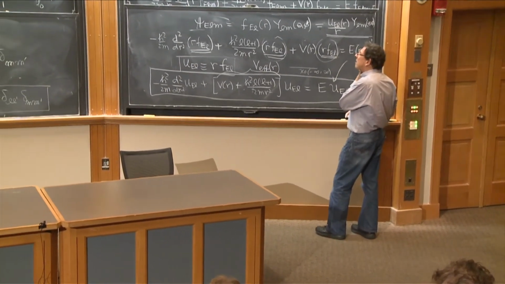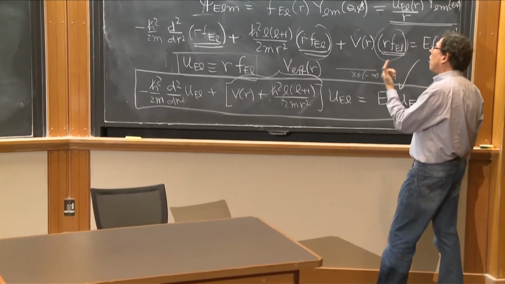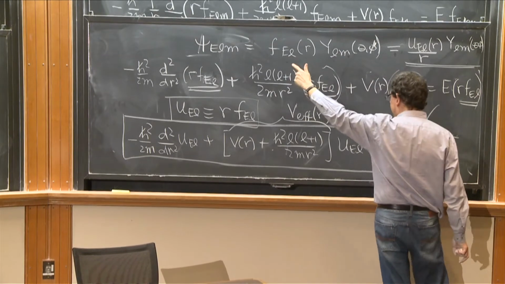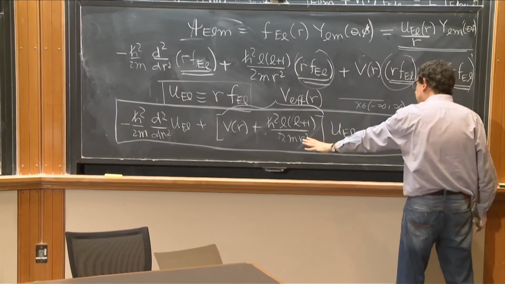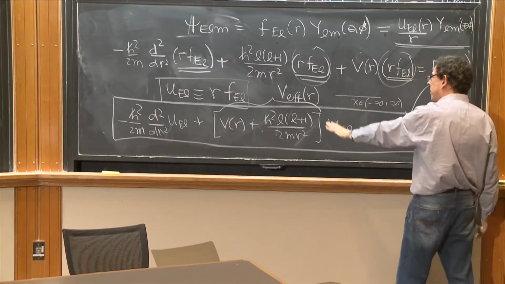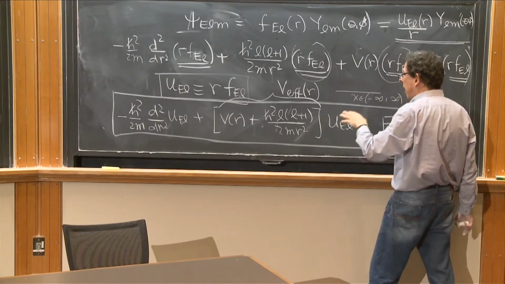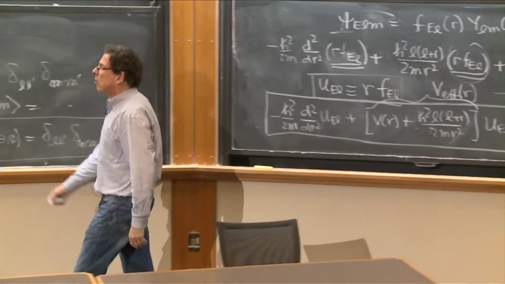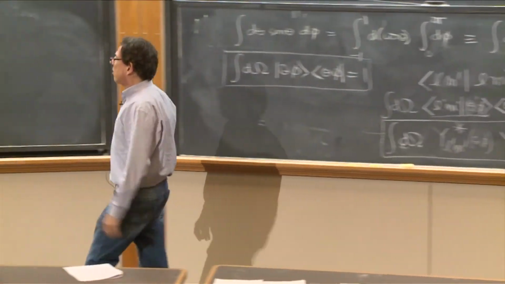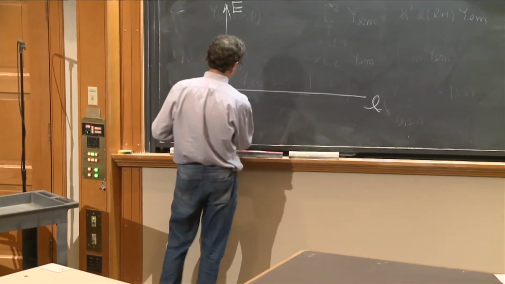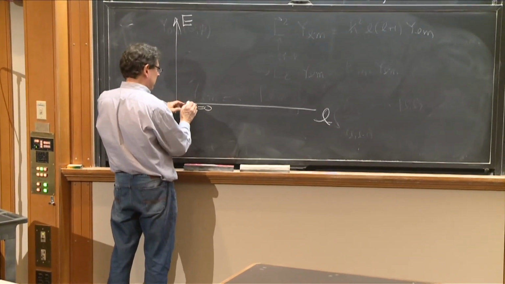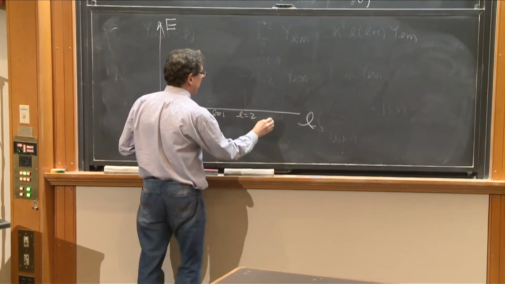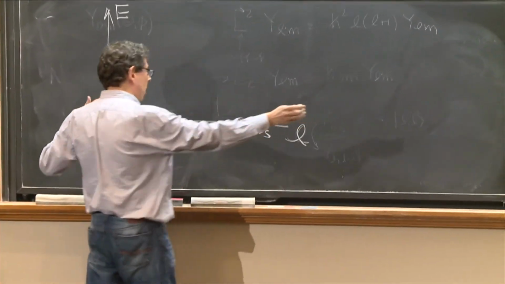I'm going to have states for all values of l and m and probably some energies. So m doesn't affect the radial equation. That's very important. But l does. So I have a different problem to solve for different l. So I will make my histogram here and put here l equals 0 at this region. l equals 1, l equals 2, l equals 3, and go on.